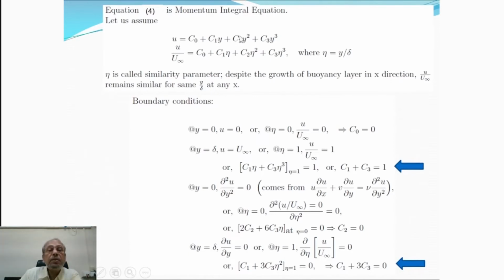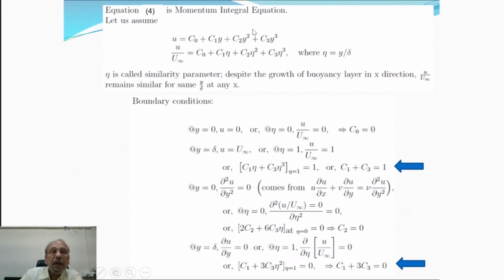Now, in order to solve the momentum integral equation, we take a velocity profile which is given by C0 plus C1 y plus C2 y square plus C3 y cube, a third order polynomial. This is the expression for u.